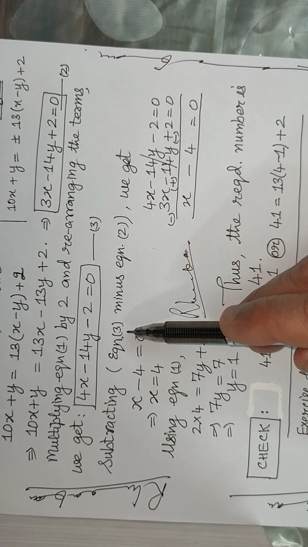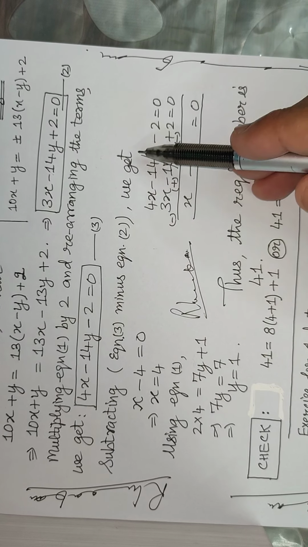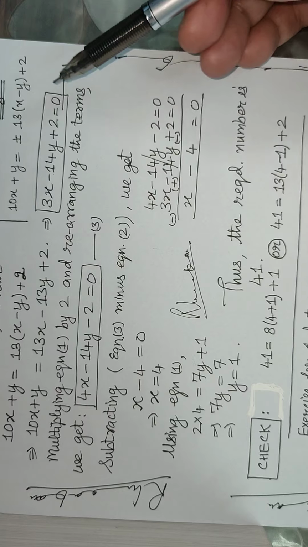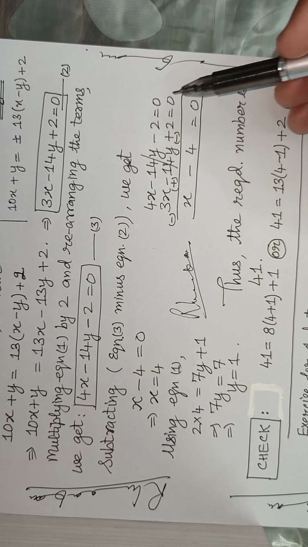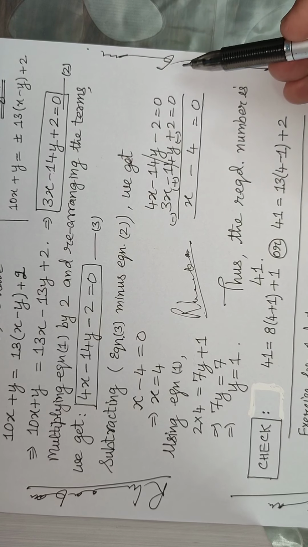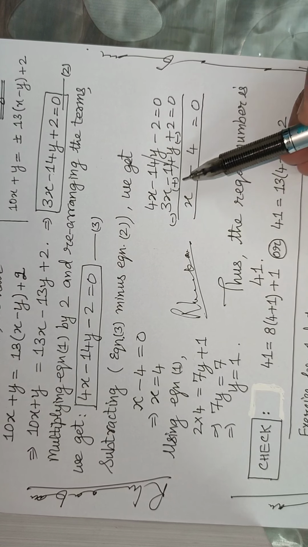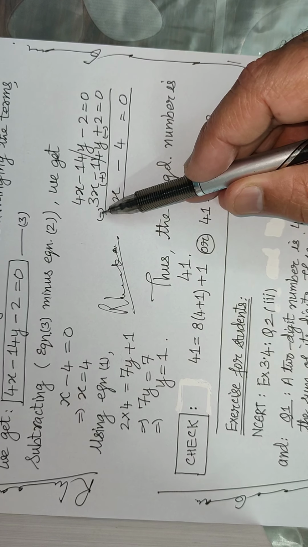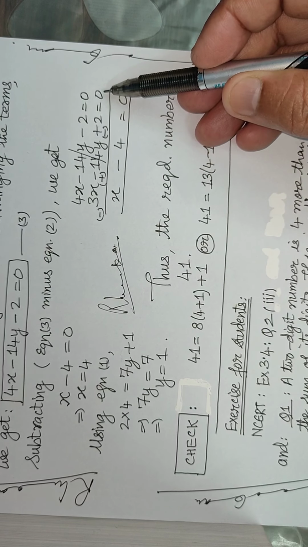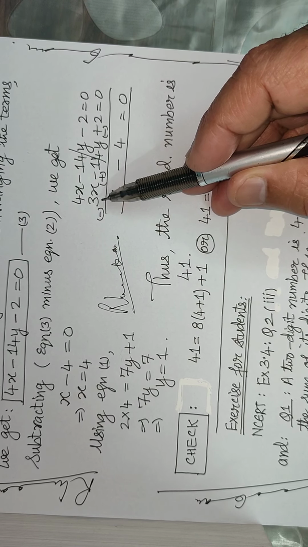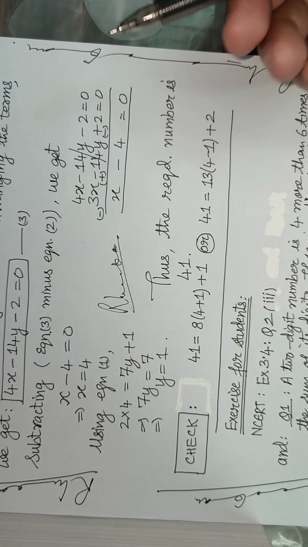Subtracting, that is, we subtract equation 2 from equation 3, which I have shown here. You can see this very clearly. Now when you are subtracting one equation from the other, you change the signs of the equation written in the second line.